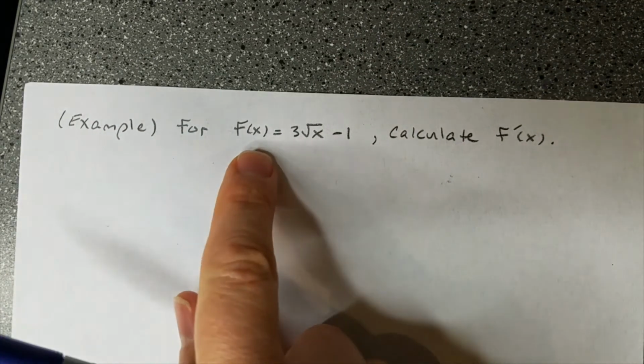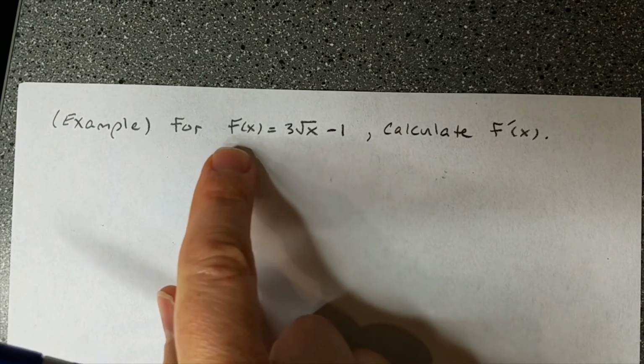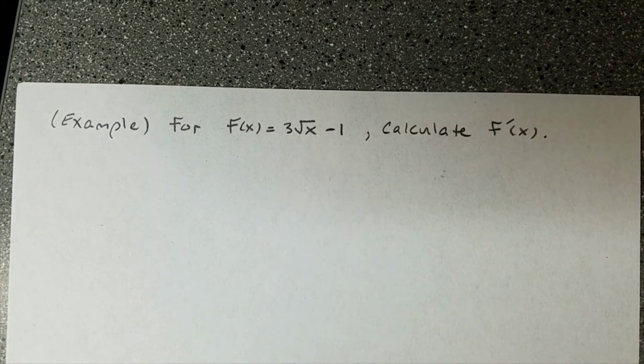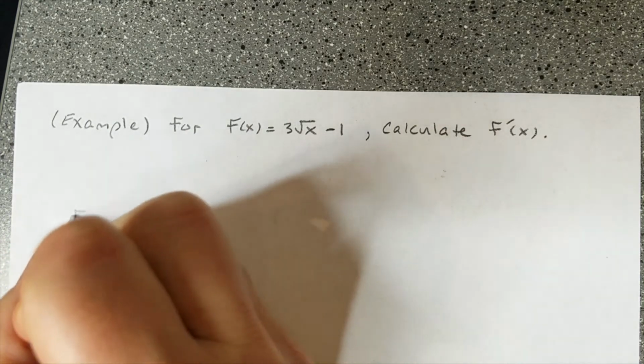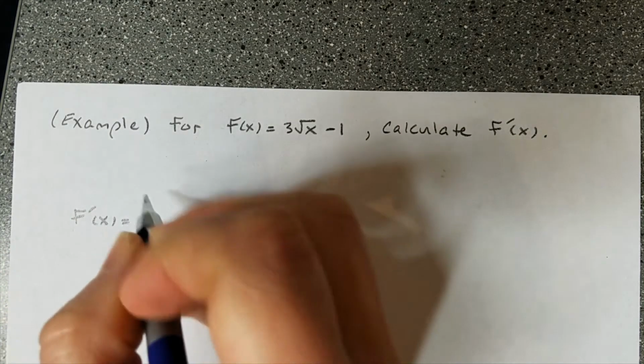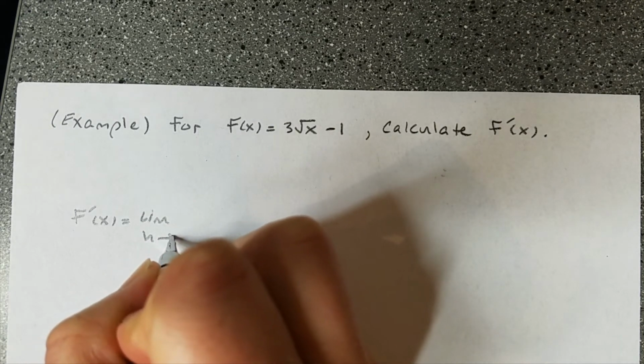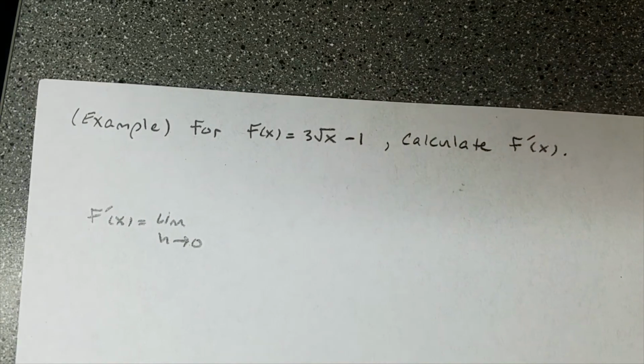So you get this. f(x), your original curve, your original function, is 3√x − 1. What is the derivative of that? Well, you know how to start this. It'll be the limit as h goes to 0. I'll go ahead and write it.